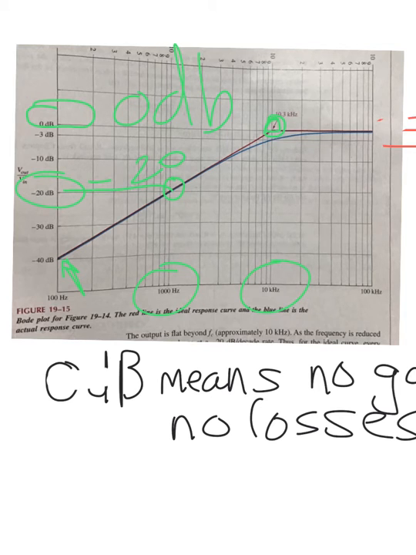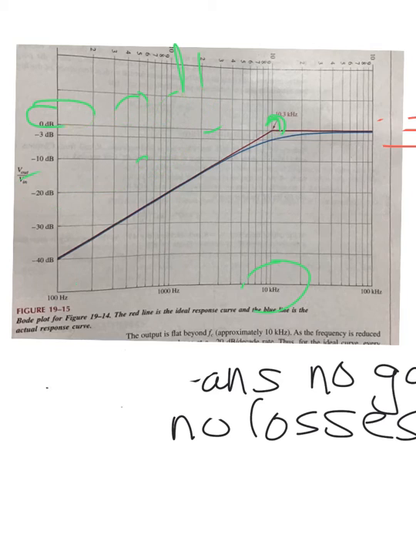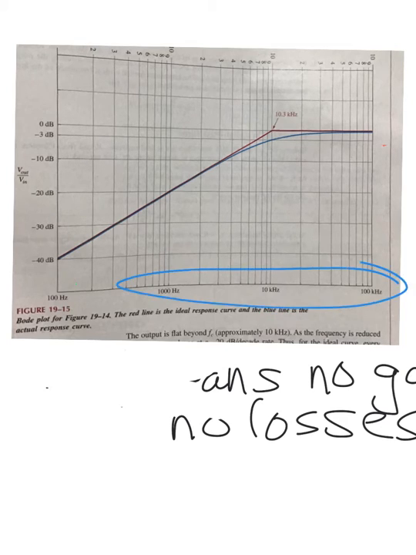Now, important to say it again, this graph is a Bode plot, B-O-D-E. It is a frequency response curve that plots frequency versus voltage slash dB. We have converted the voltages to decibels.